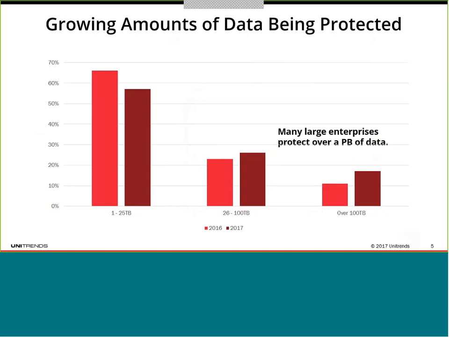Another finding is that the amount of data we are being asked to protect is growing. Even in just 1 year, we've had substantial increases in data volumes. With similar-sized organizations responding between 2016 and 2017, 13% more respondents are reporting that they are being tasked to protect data volumes between 26 and 100 terabytes, and a whopping 54% more people are being asked to protect volumes over 100 terabytes.